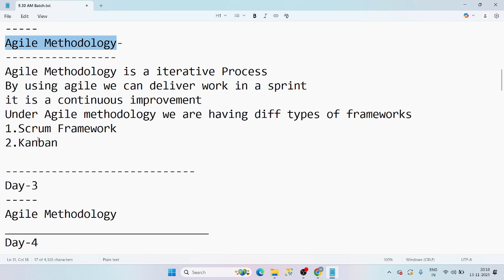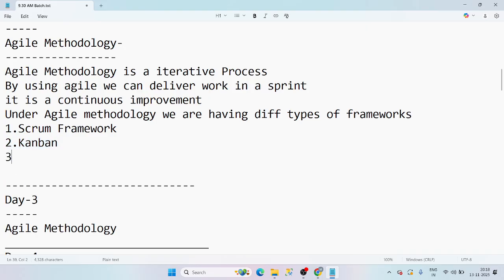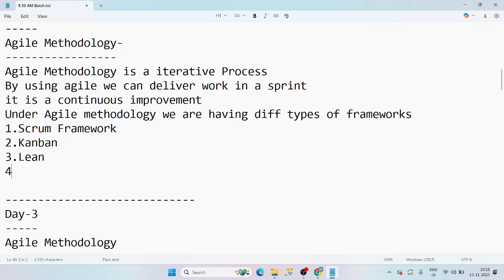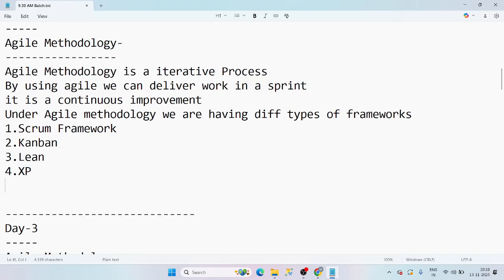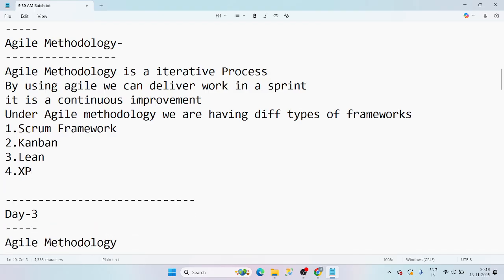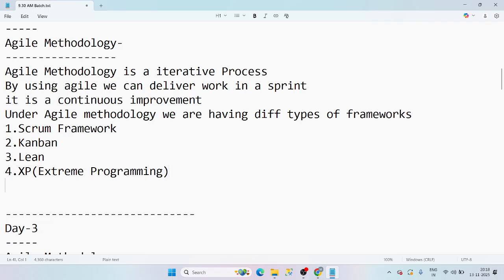What are the frameworks, Manoj? Coming to the first one, we are going to call it Scrum. Second one is Kanban. The third one is Lean. The fourth one is XP, extreme programming.